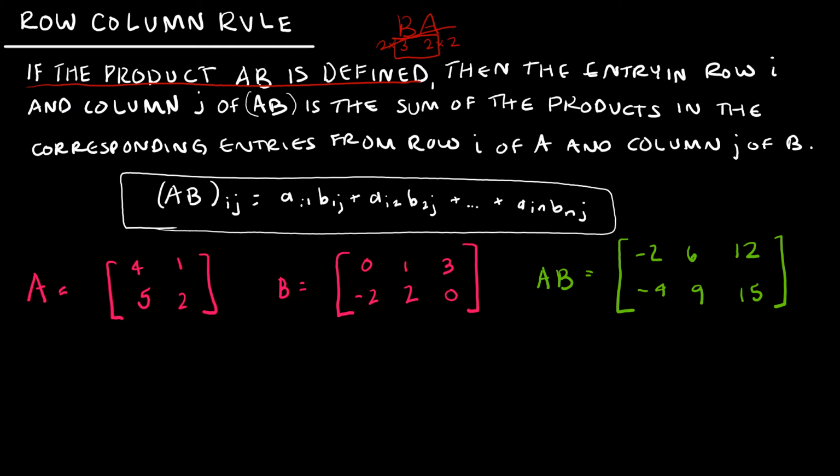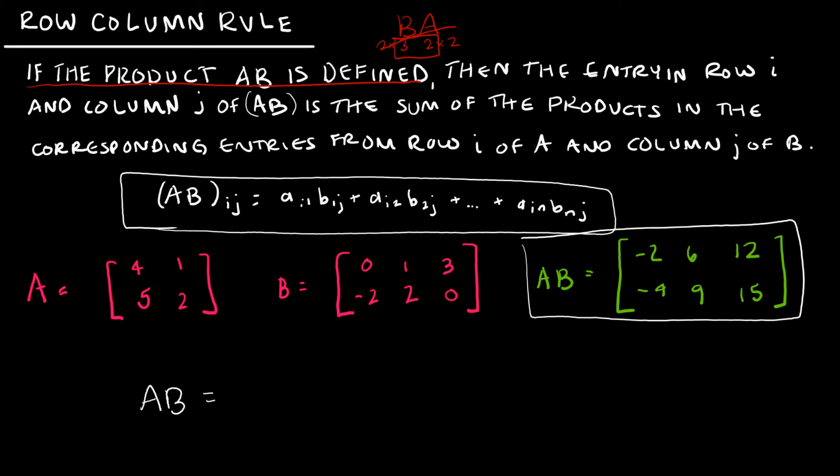So I went ahead and took the same A and B from our last example, and I also just copied over that solution that we came up with using the previous way that we multiplied. So not the row column rule, but the previous way where we took A times each column vector in B. And let's just see if we can simplify it and come up with the same result.